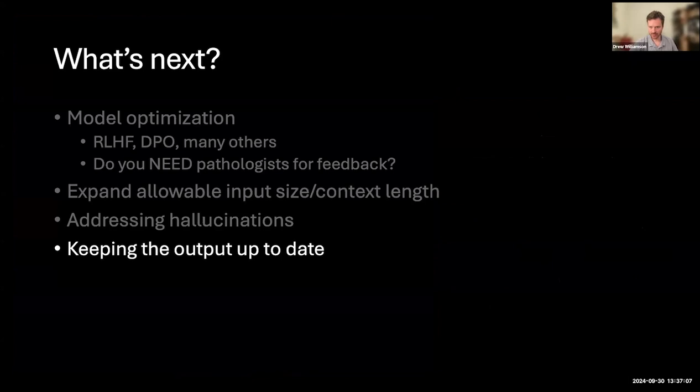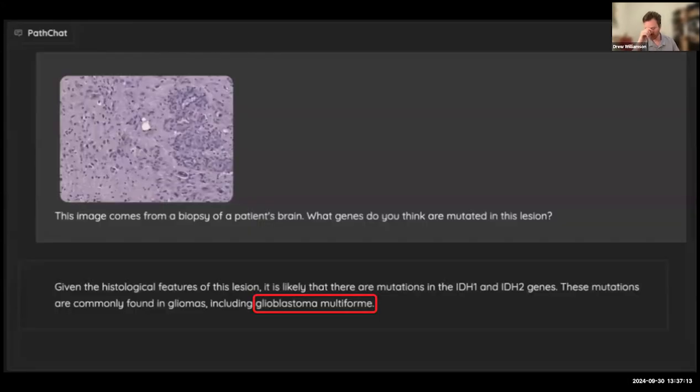Another big one that I didn't really think about beforehand was how to keep the output of these models up to date. Here's an example from that video that I showed you at the beginning of the talk. We give the model this image of a glioblastoma and ask it what genes are mutated. In glioblastomas, very commonly there are mutations in IDH1 and IDH2.